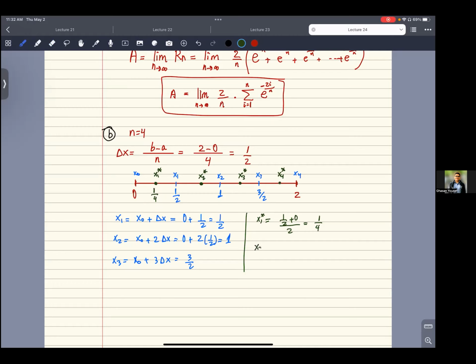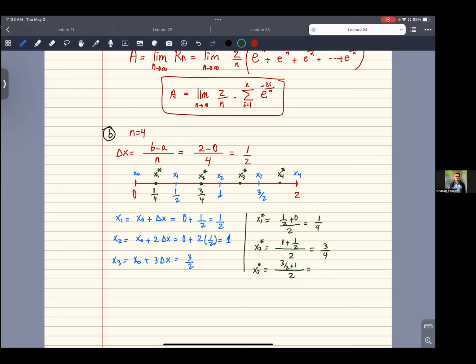Now x2 star, what is it? It's 1 plus 1/2 over 2, which is 3 over 4. Now, what is x3 star? It's 3 over 2 plus 1 over 2, over 2.